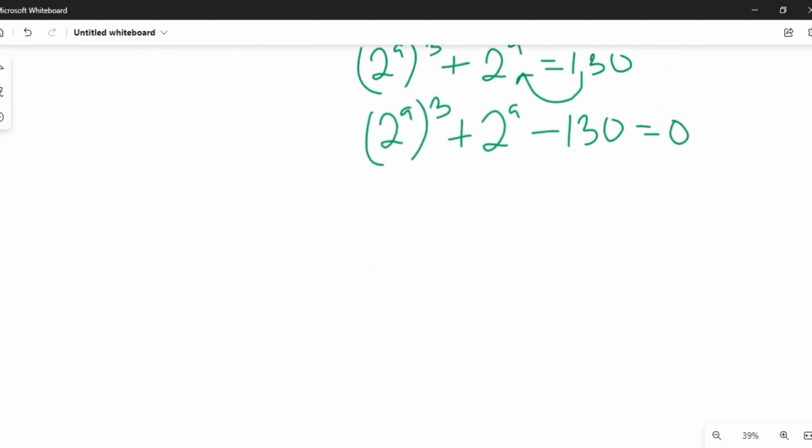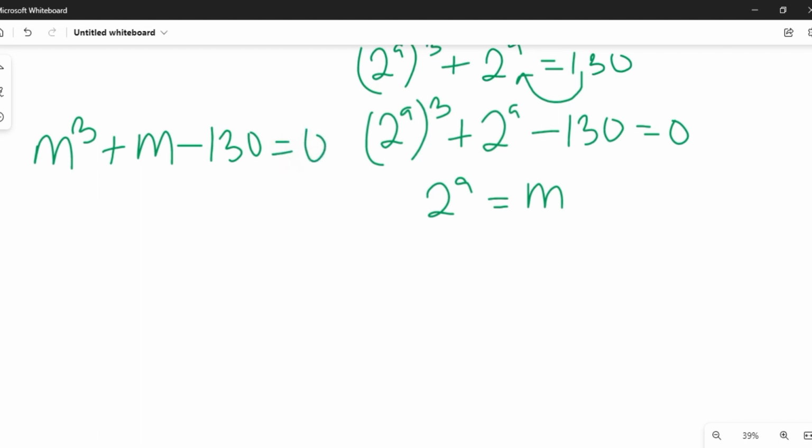From this, we can let 2^a be a value, and we'll take the value to be m. If 2^a is equal to m, then we'll have m^3 plus m minus 130 equal to 0. Now this is giving us a polynomial equation, and we want to solve it.